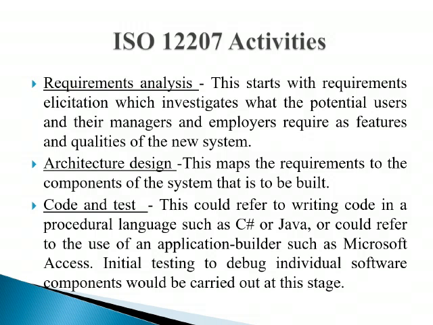The third activity is code and test. This is a process of converting the design into code with the help of various programming languages such as C, C++, Java, based on the demand of the project.